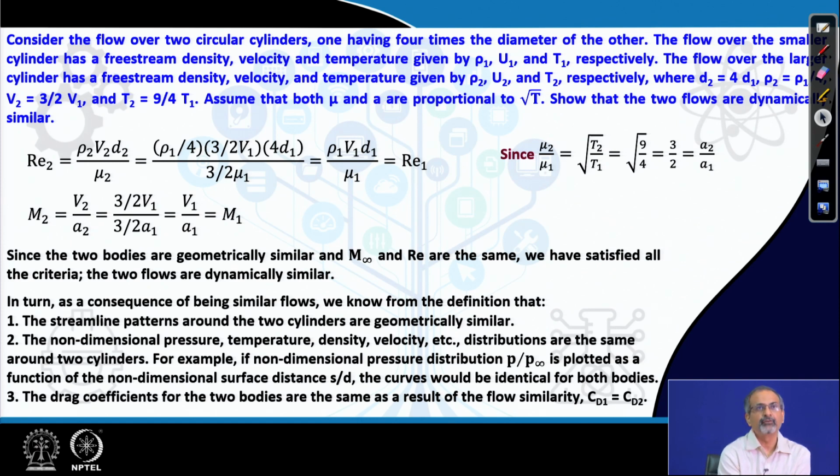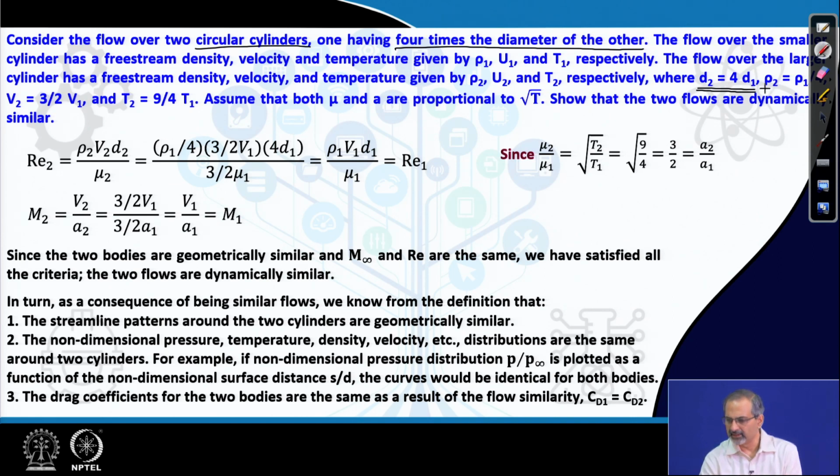Let us consider flow over two circular cylinders, one having 4 times the diameter of the other, and the flow over the small cylinder has a free stream density, velocity and temperature given by rho 1, V 1 and T 1 respectively, while the flow over the larger cylinder has a free stream density of rho 2, V 2 and T 2 respectively, where of course, the second cylinder has 4 times larger diameter compared to the first.